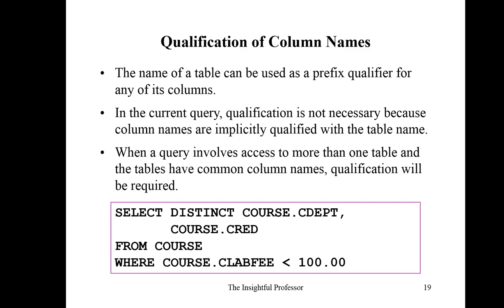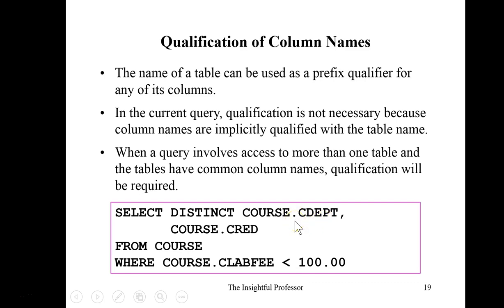So when you select from one table and join it with another table, and the two tables share a common column name, you're going to have to distinguish which one, the one from table 1 or the one from table 2, you want to actually render in the result. And to do that, we qualify the names of the columns. So here what we're doing is putting the table name, in this case course, immediately preceding the name of the column and using a dot.